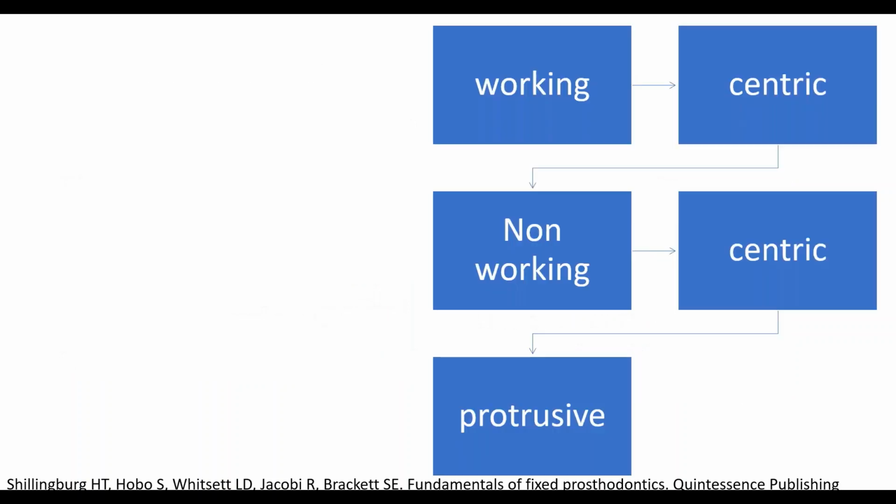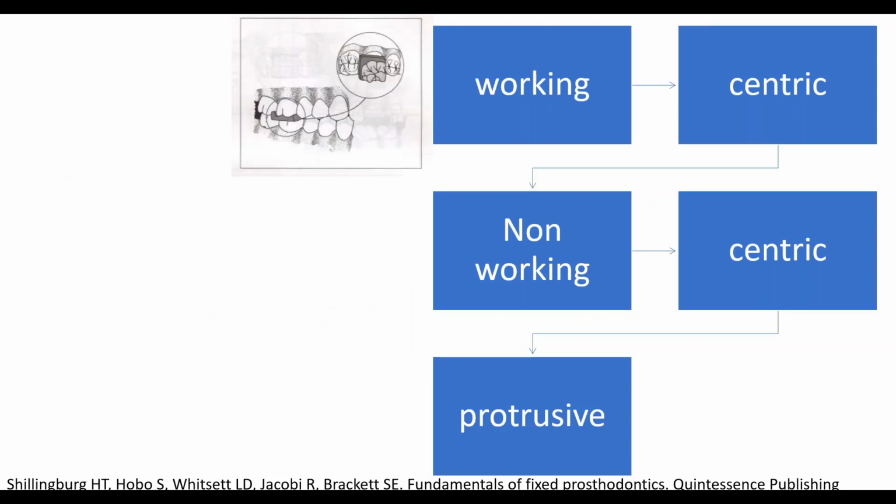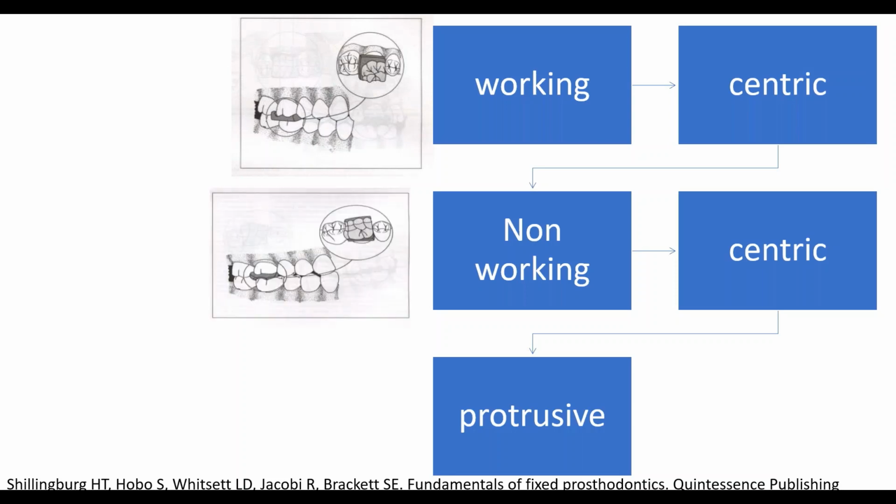Once it is attached on the occlusal surface, the patient is asked to bite in the centric position first. Then the patient is asked to move the mandible to the working side, then slowly close again in the centric relation position, and then move the mandible to the non-working side.